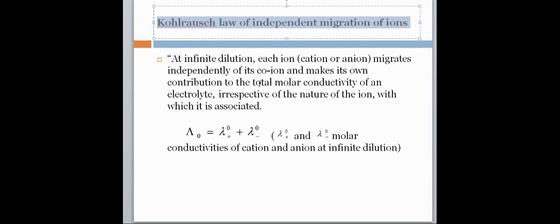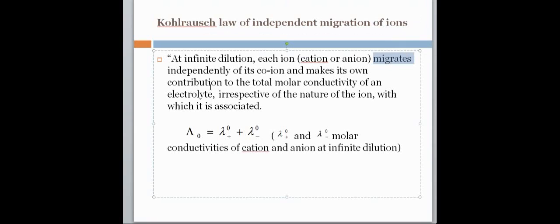It states that at infinite dilution, that means if I keep adding water, if I just keep diluting it, each ion present in that solution, that is cation or anion, migrates independently of its co-ion and makes its own contribution to the total molar conductivity of an electrolyte, irrespective of the nature of the ion with which it is associated.